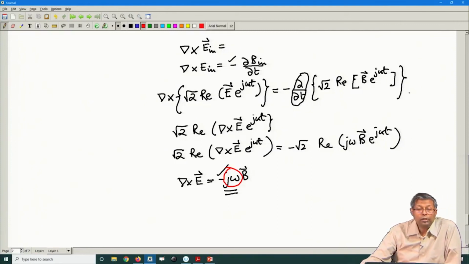The other equations can be similarly written.